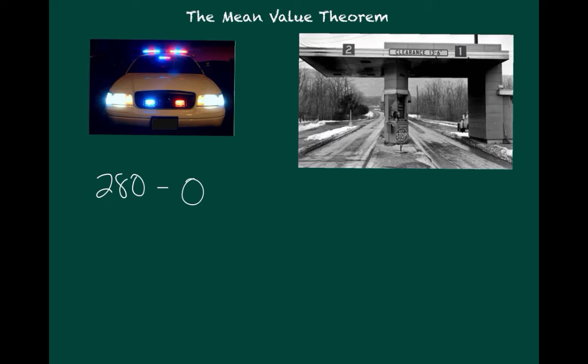So if you take your distance at the end and subtract your distance at the beginning and divide by the amount of time that you spent on the Pennsylvania Turnpike, which in our case was 3.5 hours, you're going to find that we ended up making a pretty good time. Our average rate of change was 80 miles per hour.